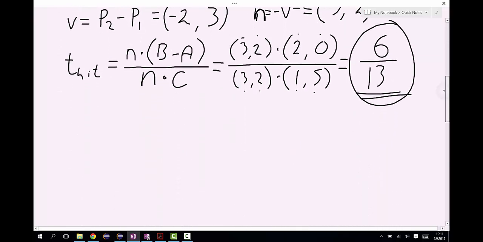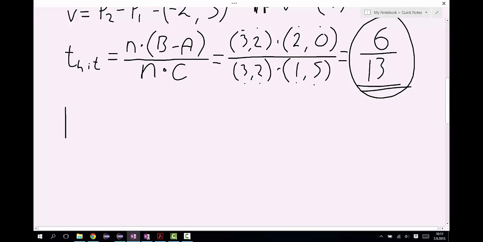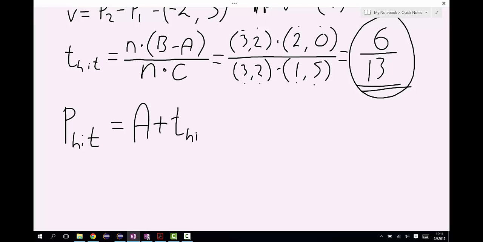So we have T hit there. Next is P hit. So P hit is just the formula for the array, the parametric form of array, A plus T hit times C, using the value of T hit.